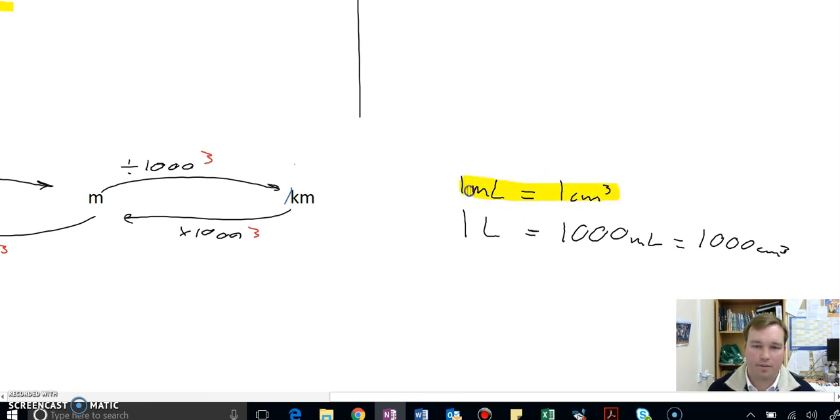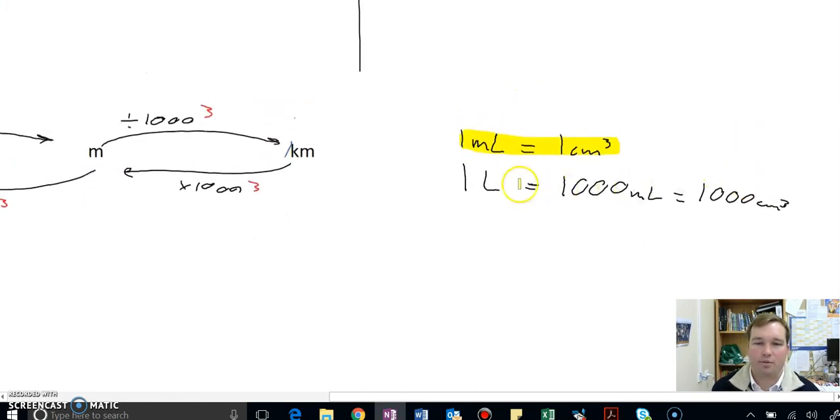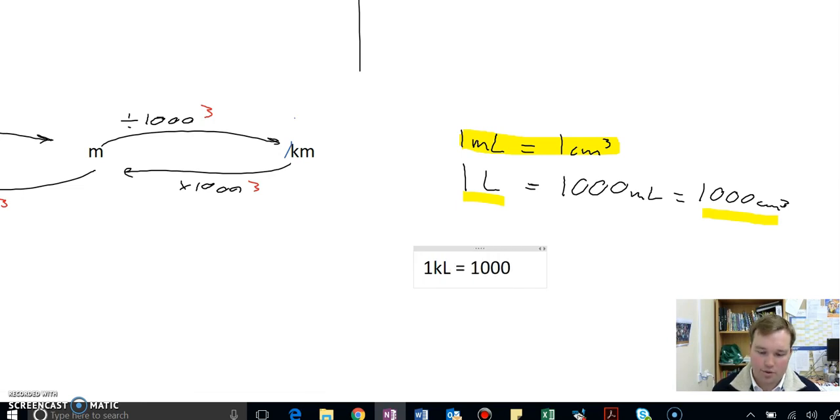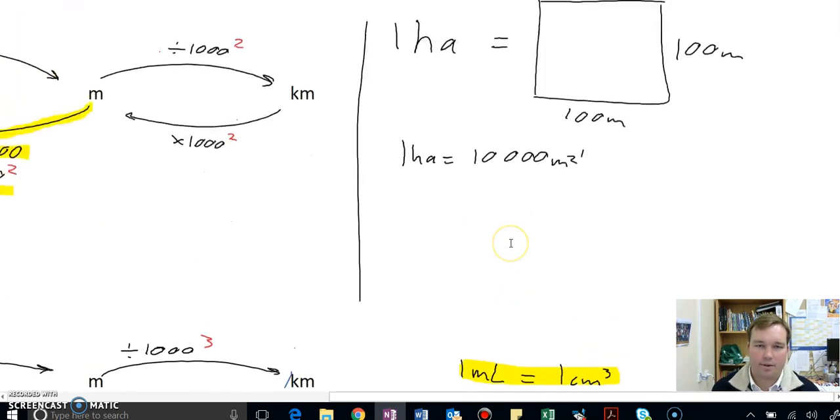Yes, physicists, I know, but that's what we go with. So 1 liter is 1,000 milliliters, the same as 1,000 centimeters cubed. You should also know that 1 kiloliter, KL, is equal to 1,000 liters. 1 megaliter is equal to 1,000 kiloliters, etc.